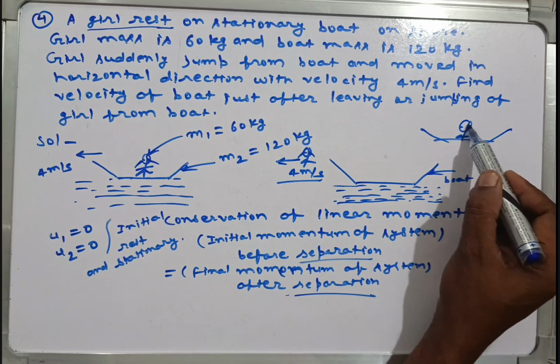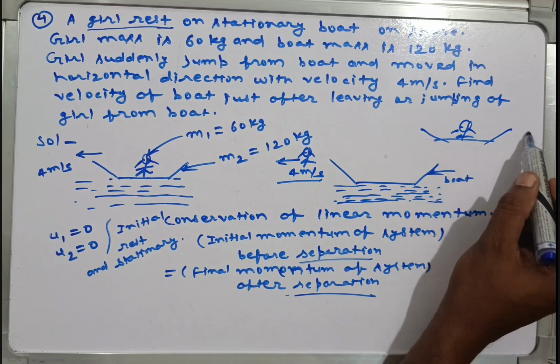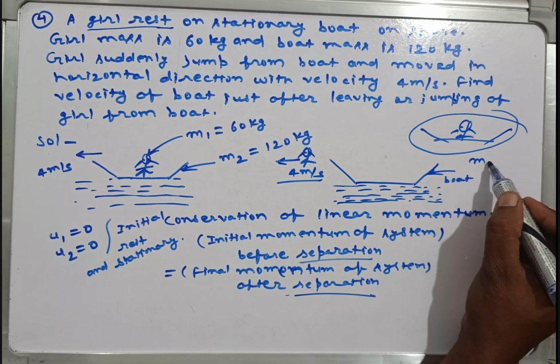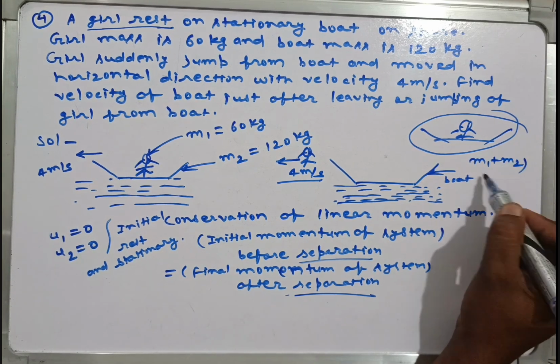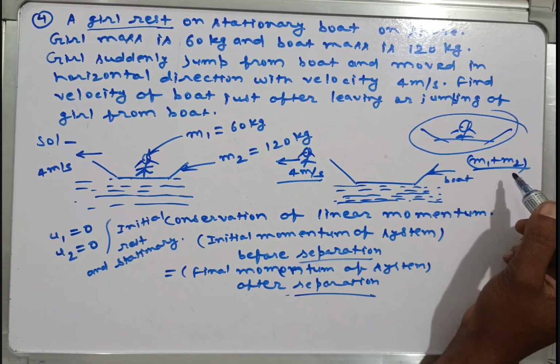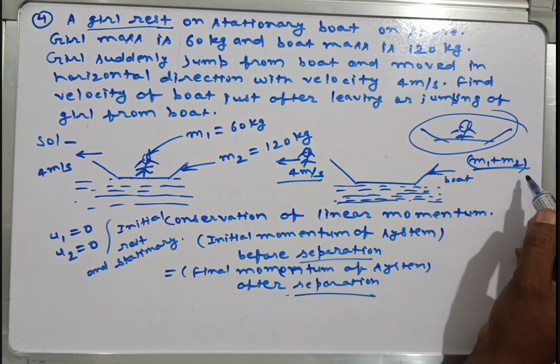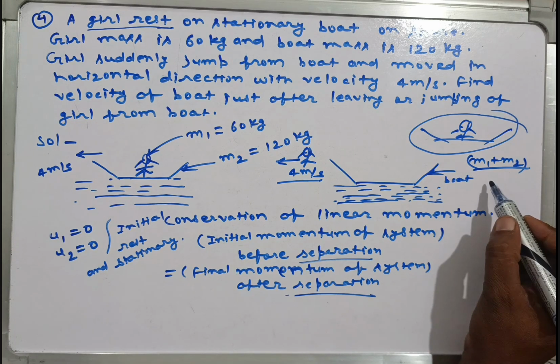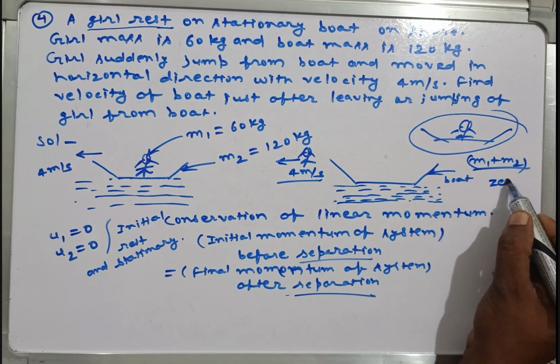you can say this becomes a single unit whose mass is m1 plus m2. Now both are in a stationary condition, so their velocity is 0.